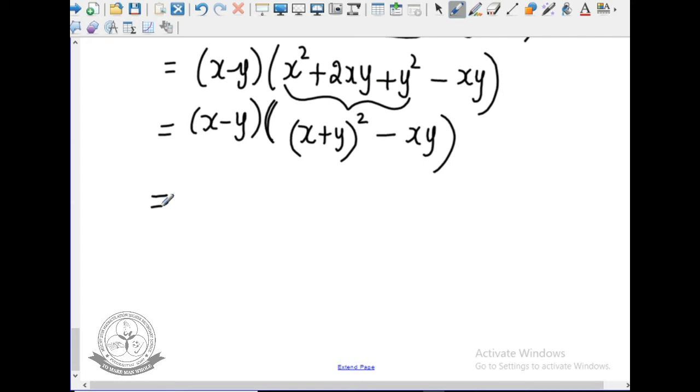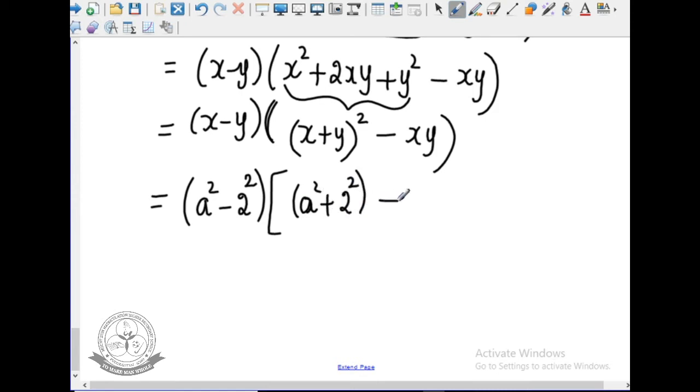Now you can apply here: x is a square, then y is 2 square. So x plus y is a square plus 2 square, then minus xy, that is a square into 2 square.